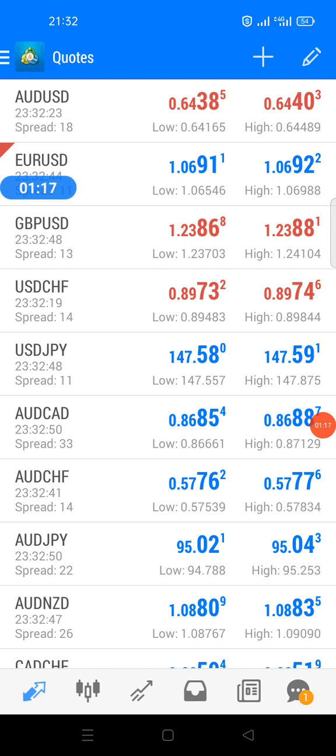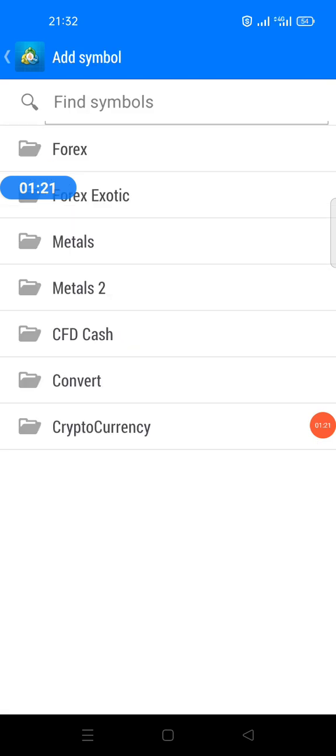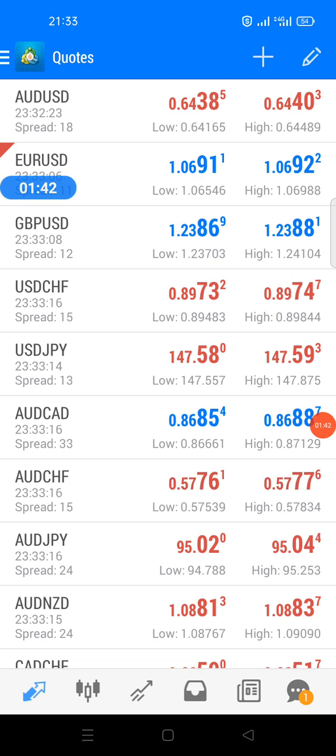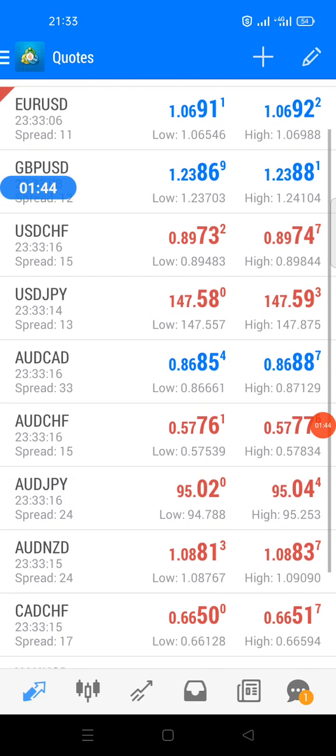For example, you can click on the plus sign on the upper right-hand side to add more pairs that you want to trade to that first window where you have all those instruments. Whichever one you click on will be added automatically to that page. Now, I'm going back. Any one you click on will appear here.